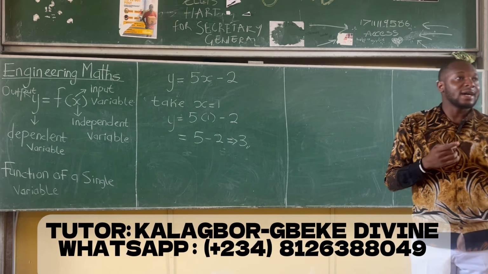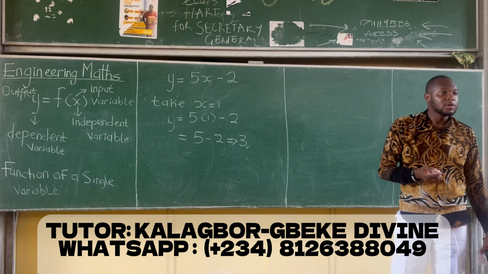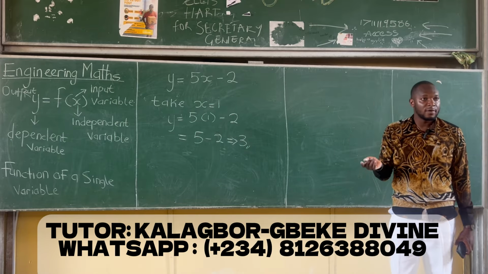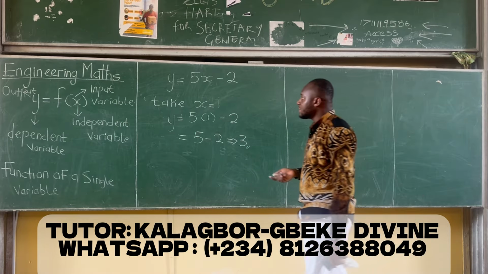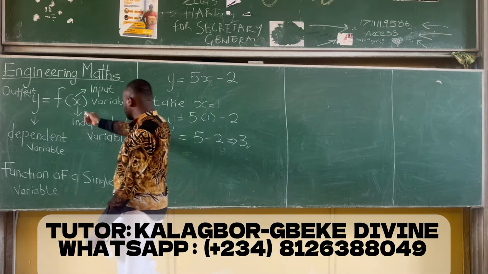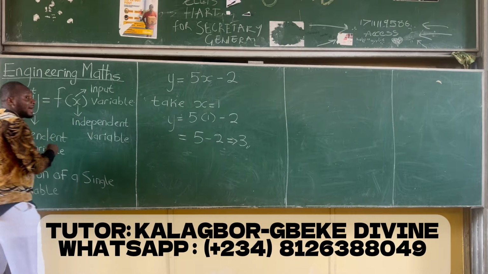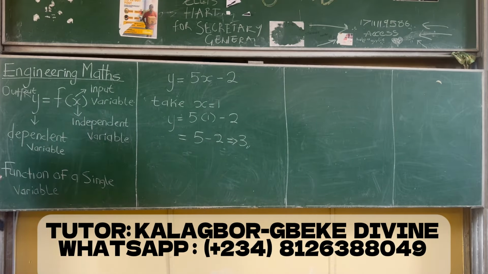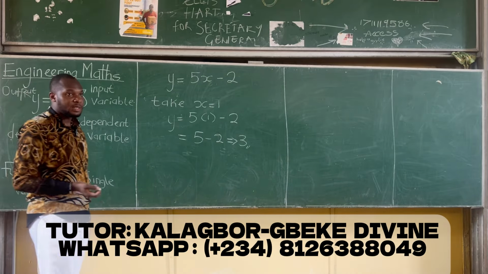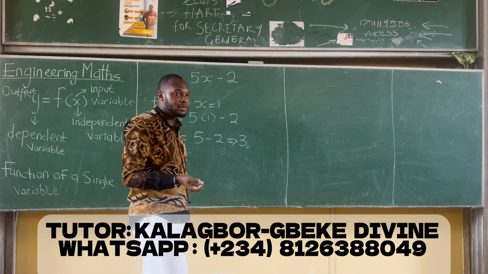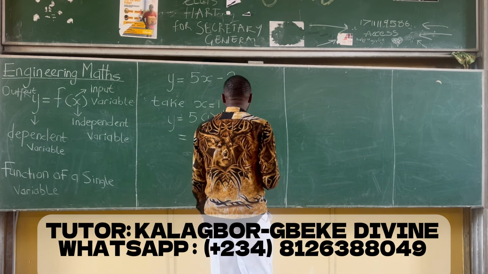A variable means an unknown, something that you don't know the value of. So anytime you see a letter, whether x, a, or b, as far as it is an alphabet and not a number, then it's an unknown. It can be called a variable.